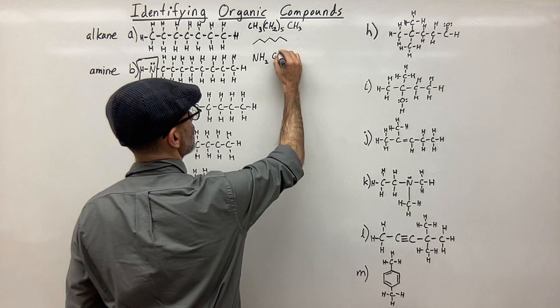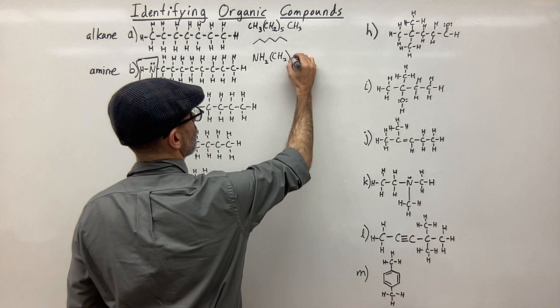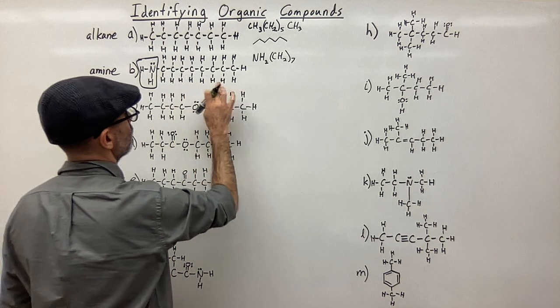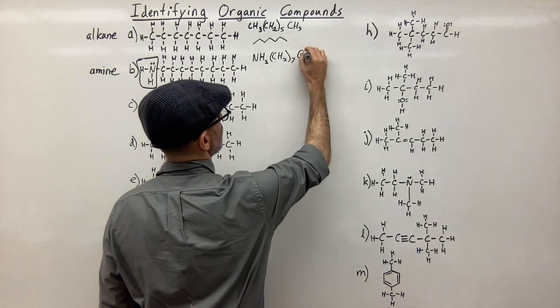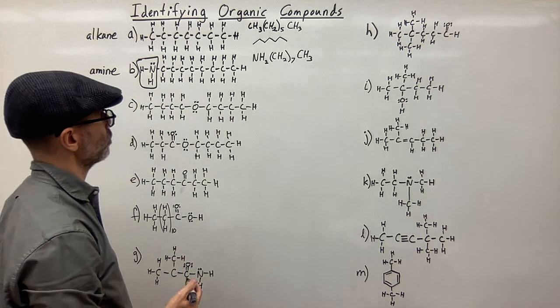So I would put CH2 in parentheses with a 7. Let me count: 1, 2, 3, 4, 5, 6, 7. And then we have this CH3 group, so that would be CH3. That would be the condensed formula.